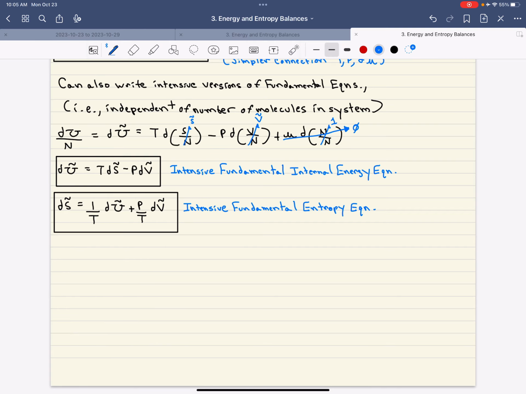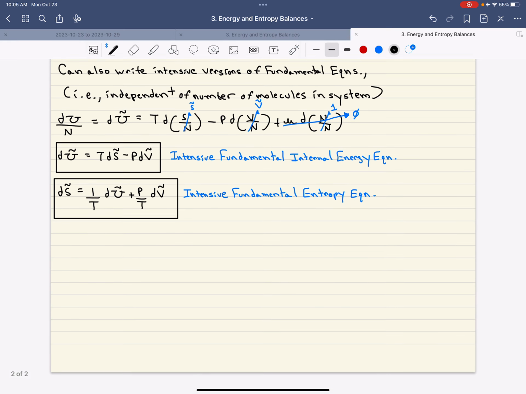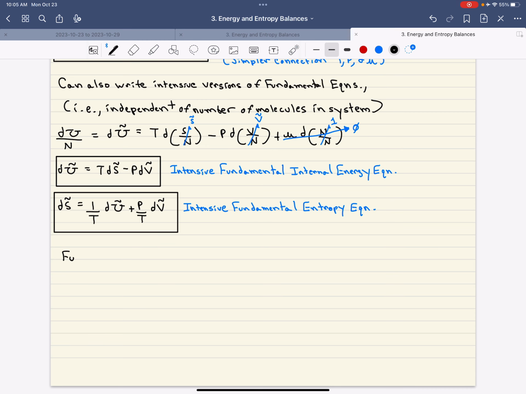Okay. Now, we have all these fundamental equations, and so just to emphasize why these are useful is that these fundamental equations allow us to relate entropy and internal energy, that is, relate unmeasurable properties such as U, S, and also the chemical potential.